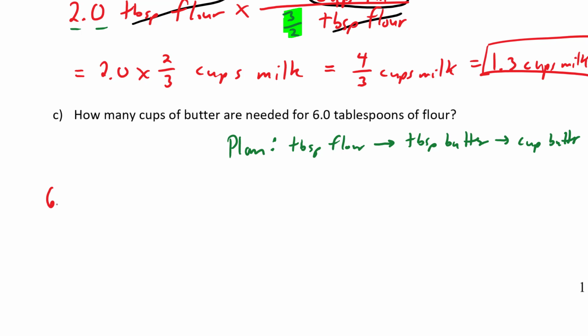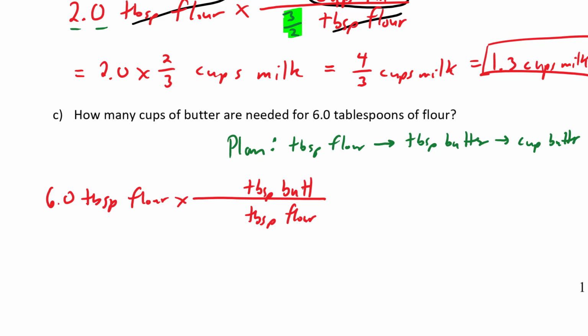Write down what you're given. 6.0 tablespoons of flour. I want to go from tablespoons of flour to tablespoons of butter. I will then go from tablespoons of butter to cups of butter.